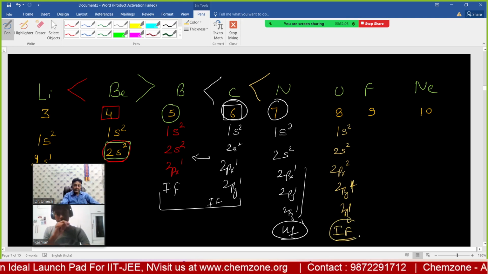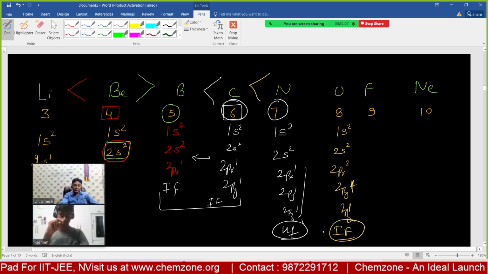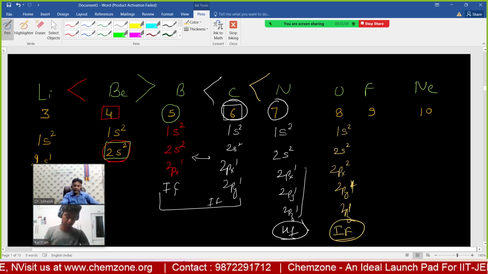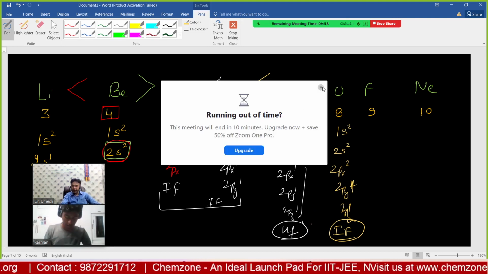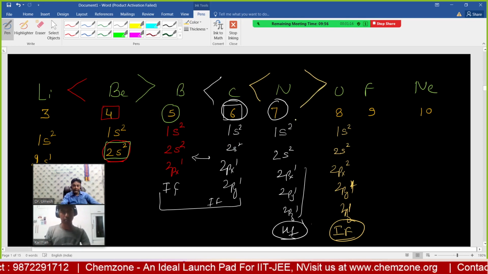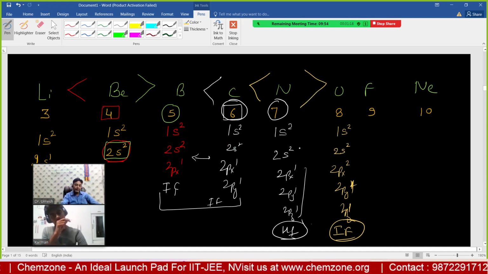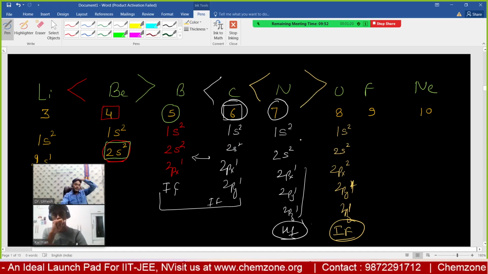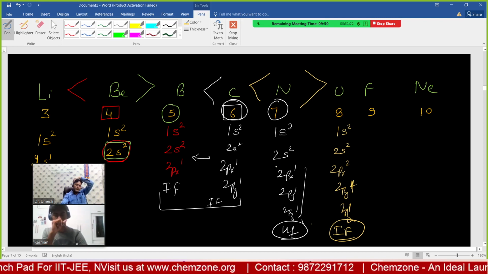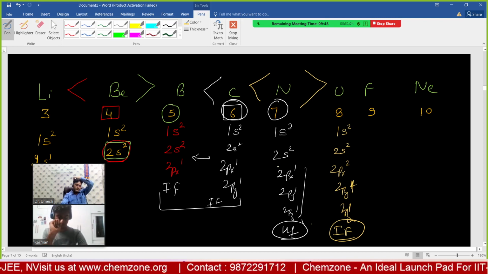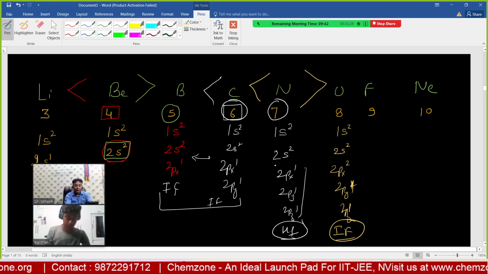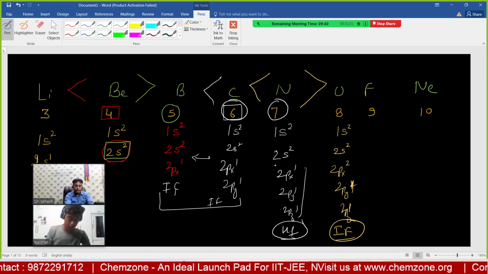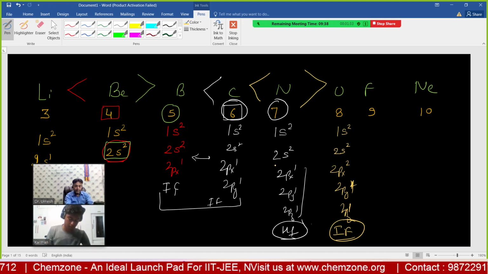And nitrogen is half filled, which is more stable, and that is why the enthalpy of ionization of nitrogen will be greater as compared to oxygen. Any doubt till now? No doubt.